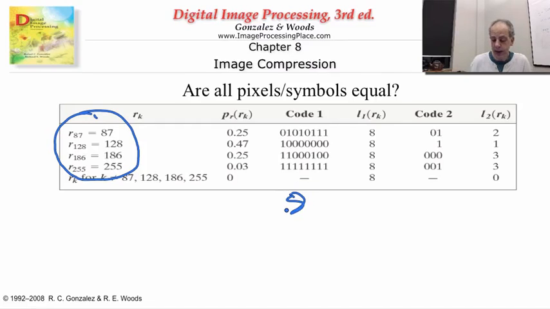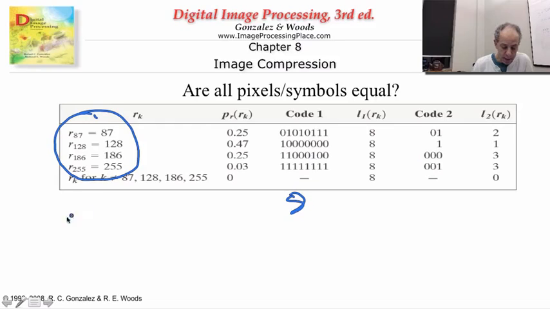But let's assume that somehow I manage to construct a code shown here, in a way that 87 is represented by the binary code 01, 128 is represented by the binary code 1, 186 by the binary code 000, and 255 by the binary code 001.